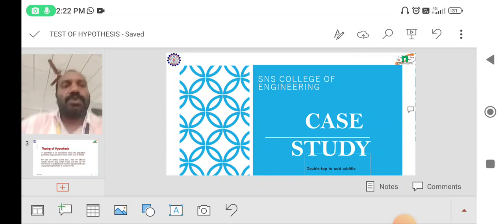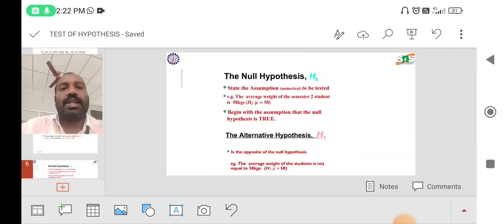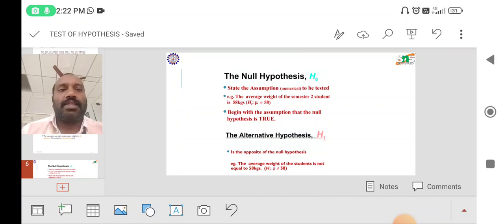In this test of hypothesis, the null hypothesis is the assumption that will be tested. For example, the average weight of the semester two students is 58 kg. We begin with the assumption that the null hypothesis is true.